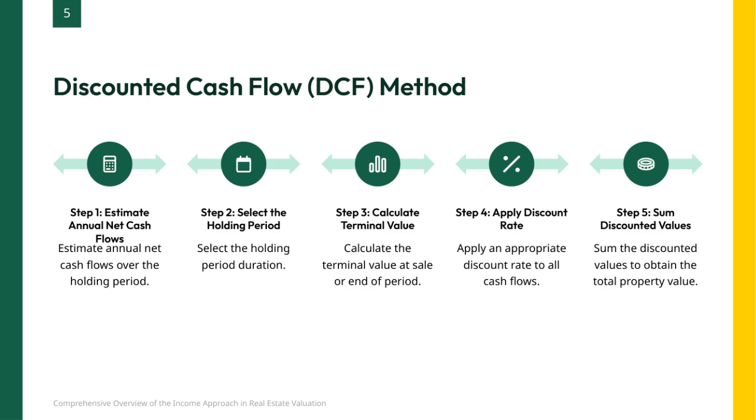After that, we apply an appropriate discount rate to all these cash flows. This rate accounts for the time value of money and investment risk. Finally, we sum all the discounted cash flows and the terminal value to arrive at the total value of the property. This process helps us understand what the property is truly worth today, based on future income potential.